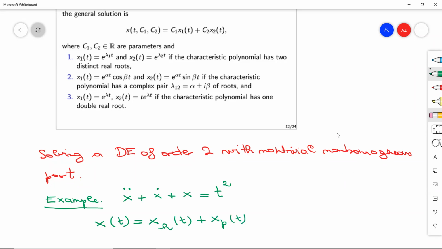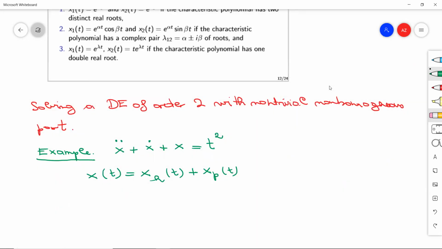We know this from before. Now we know how to figure out the solution of the homogeneous part. Now we only need one particular solution to this DE. And there are two ways. Either we guess or use variation of constants, but variation of constants really requires quite a lot of computations.